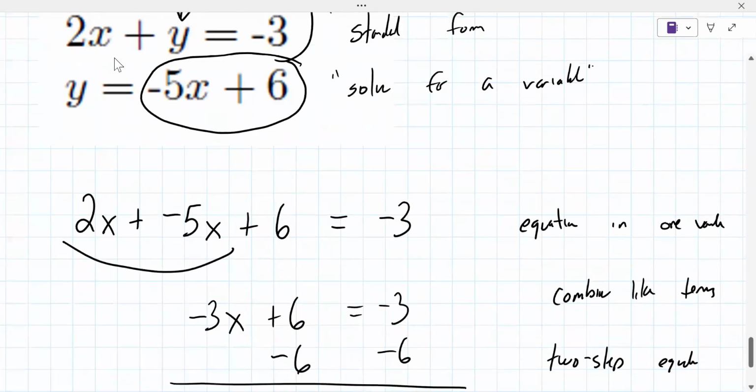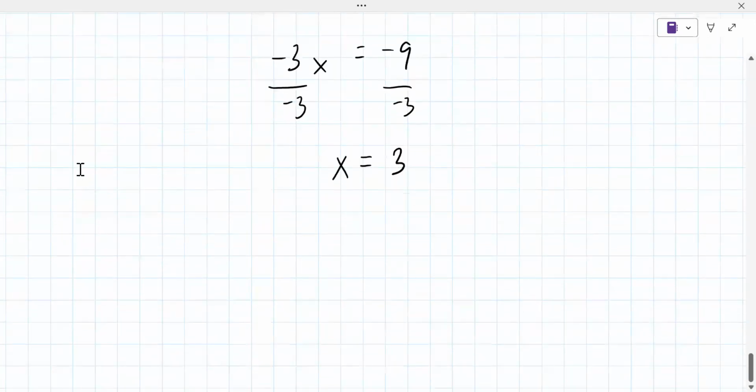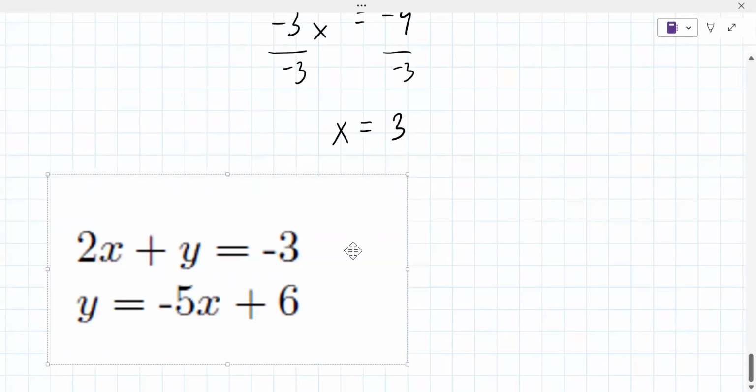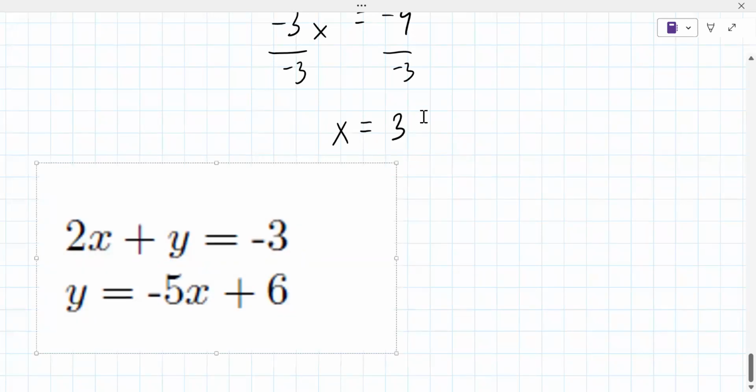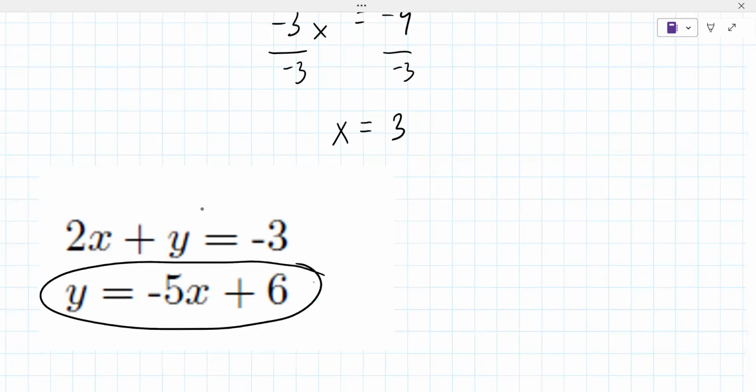Okay, now very important. Now that you got one variable, let's go back to look at the system. You know that X is 3. While you can use either equation, you should use the one that's already solved for Y. You should put X into that equation there. -5 times 3 plus 6 like that.